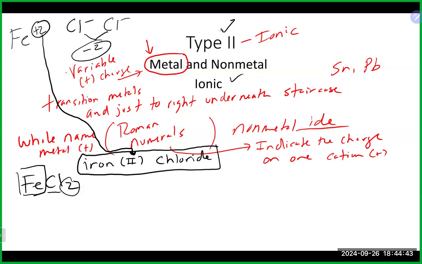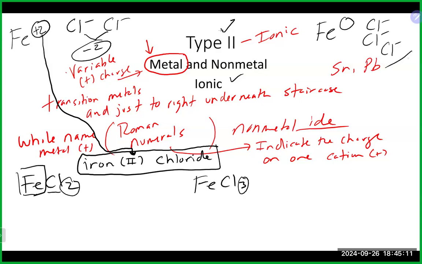The reason we do need to use the Roman numeral with type 2 compounds is we could have, for example, FeCl3. And in this case, what we got going on is Fe, which is definitely still our transition metal. But now we have 1, 2, and 3 of the Cl minuses.